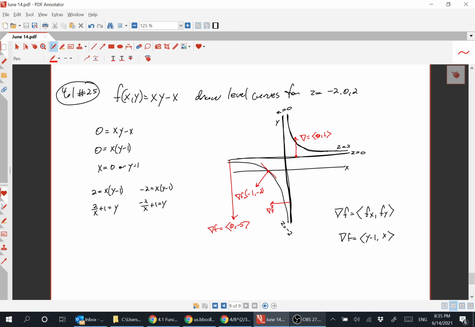What else, guys, from chapter 4? Could you go over the linear approximation problems? Yeah, let's take a look at that.